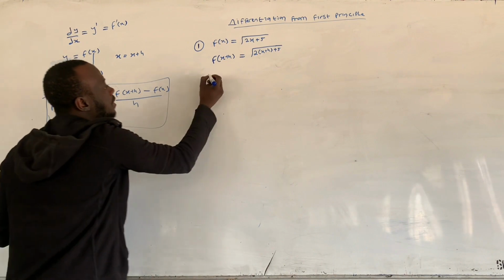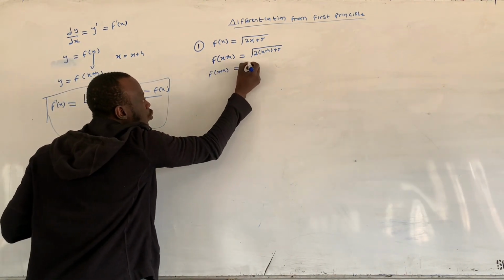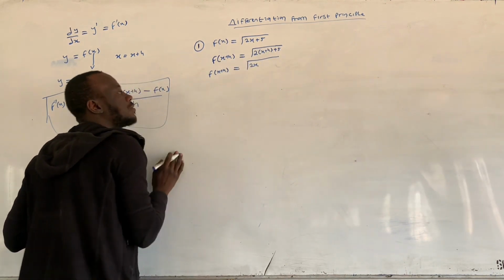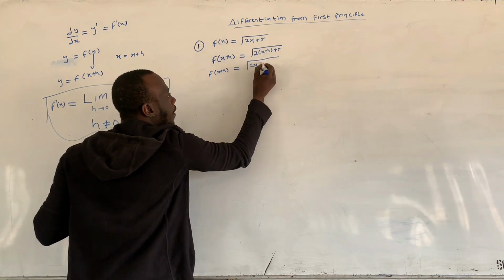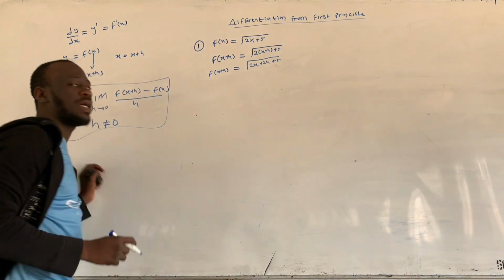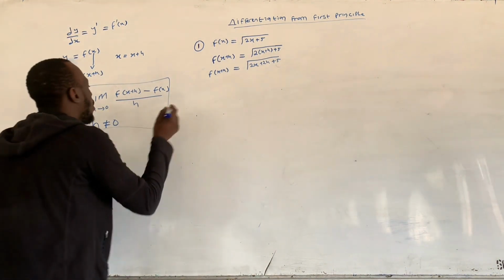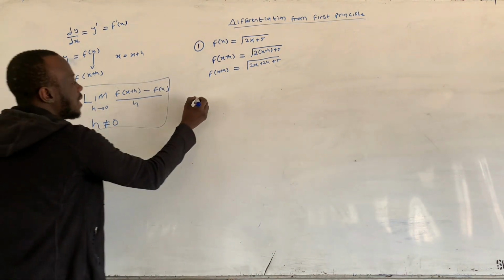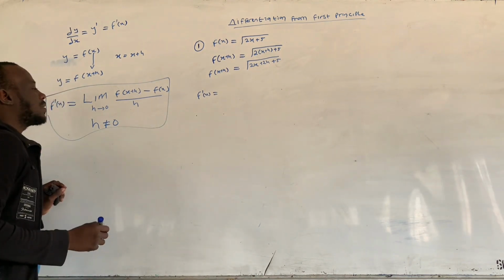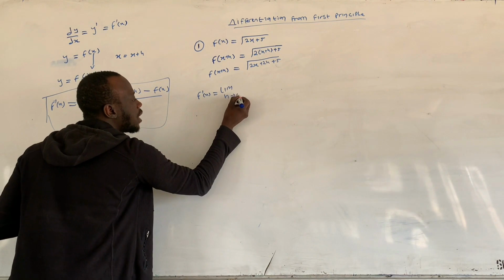So now, this our f of x plus h in this case here becomes root of 2 times x, we have 2x, 2 times h here plus 2h plus pi. Open the bracket. So now because we bring our rule, f prime of x in this case here becomes the limit as h tends to 0.